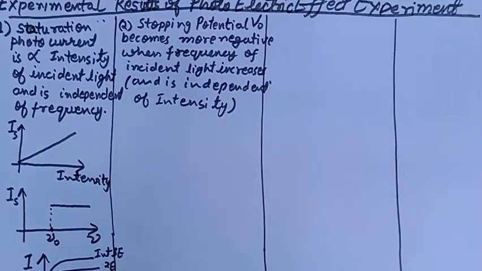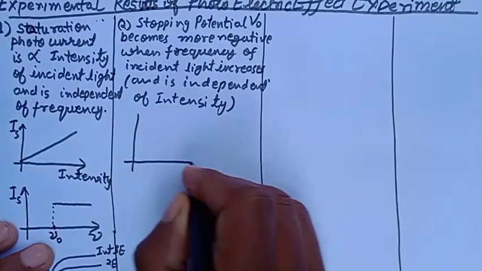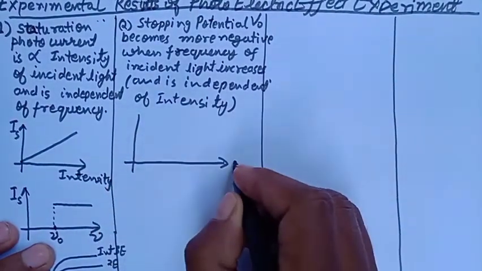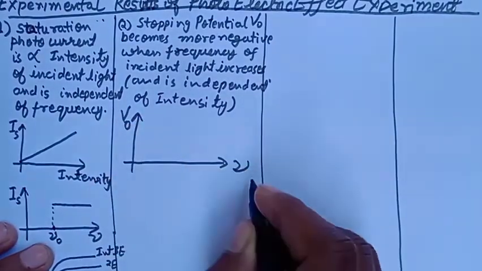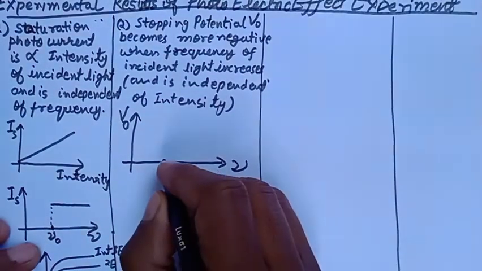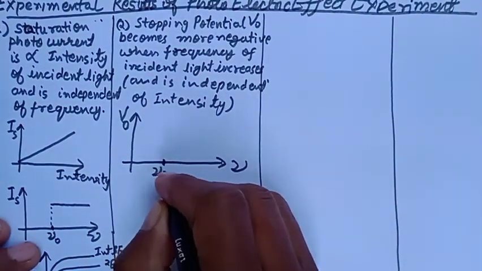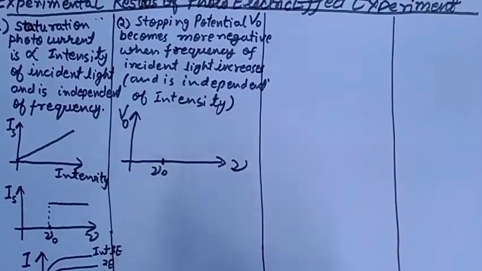So the next experimental result is that stopping potential V naught becomes more negative when frequency of incident light increases and is independent of intensity. So if we want to draw a graph between frequency and stopping potential, see, I'm not talking about threshold frequency, it is just frequency. We are increasing frequency. So we know that up to this threshold frequency, nothing will happen, but beyond that, stopping potential goes on increasing.